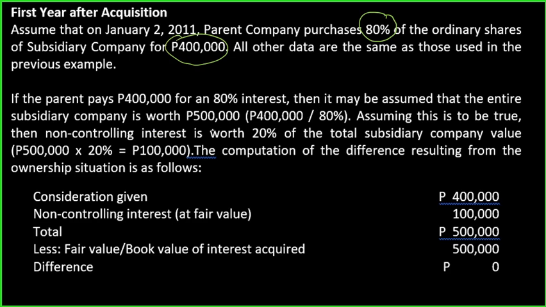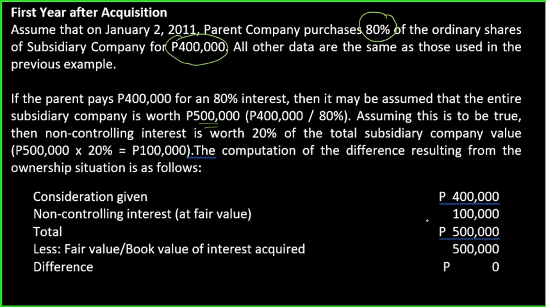Given those figures, we can assume that the subsidiary's worth is 500, because if the parent is willing to pay 400,000 for 80%, then the subsidiary may have an implied value of 500,000. That's why at this point, the non-controlling interest in the net assets of the subsidiary, or your minority interest, is now 100,000. It's 20% of 500.